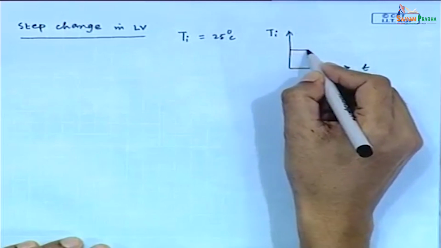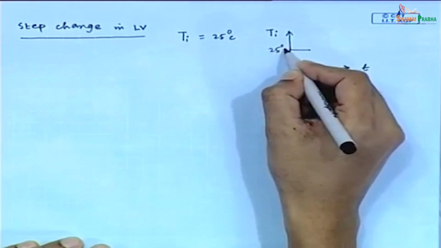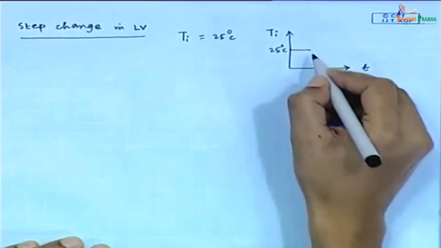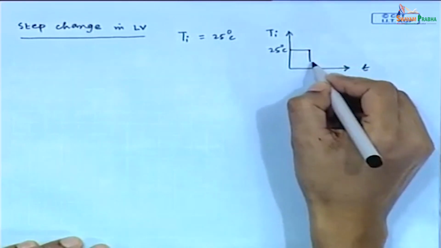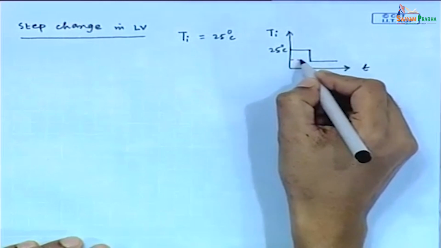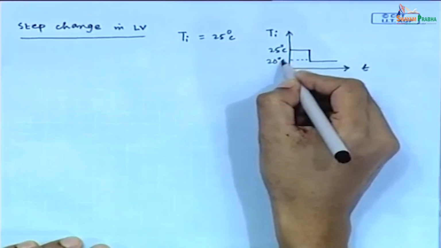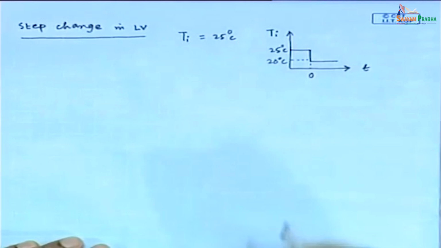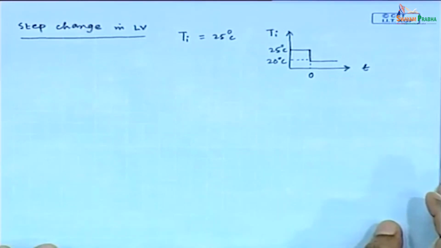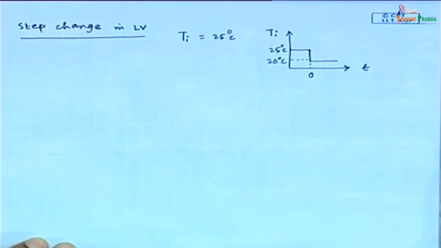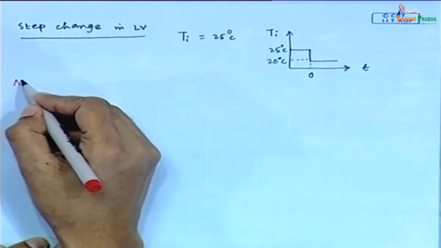Initially Ti is 25 degrees Celsius. Now, it is changed to, suppose, 20 degrees Celsius at time t equals 0. We are introducing a step change in Ti, from 25 degrees Celsius to 20 degrees Celsius.